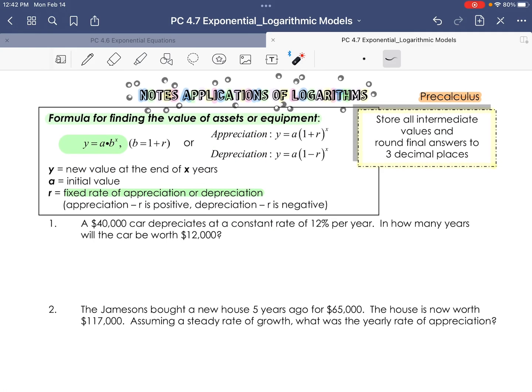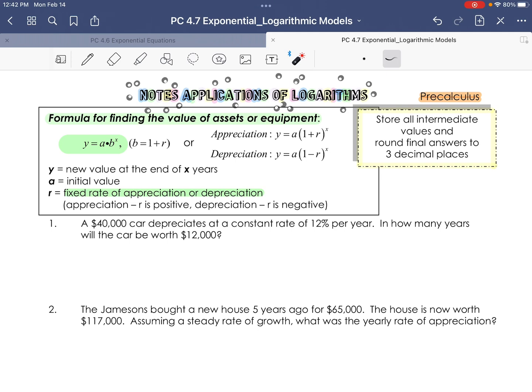Okay, let's look at some new examples of exponential models. Actually this one's not new as well. The next ones will be, but we have this a b to the x that's used for, we call it assets or equipment, but basically the keyword you're looking for is something growing at a fixed rate. So we'll usually have these words of appreciation or depreciation.